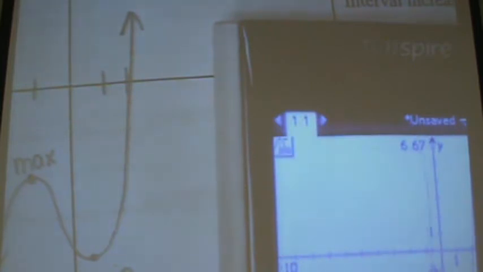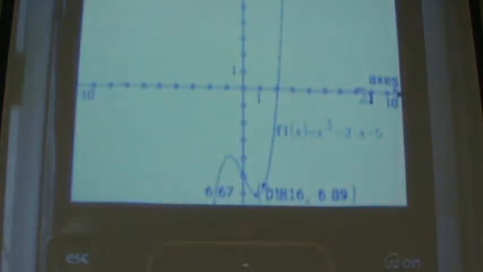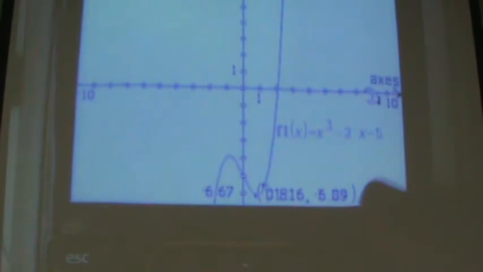I'm gonna put my boundary, 0, enter, 2, enter. And there it is. Sorry, it's so low, it's right there, it's 0.816. There's your minimum, right there, 0.816.